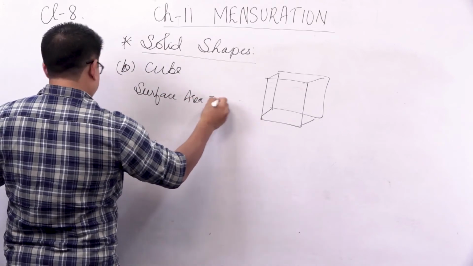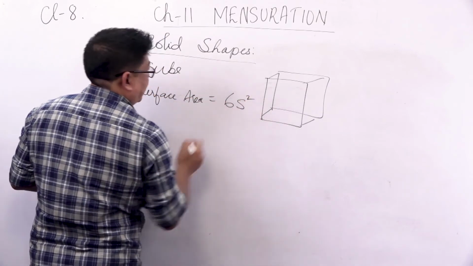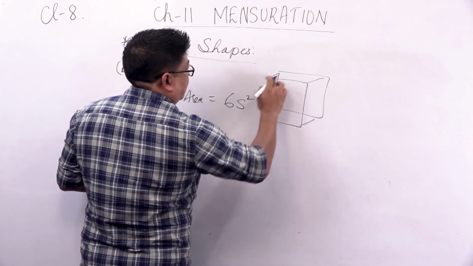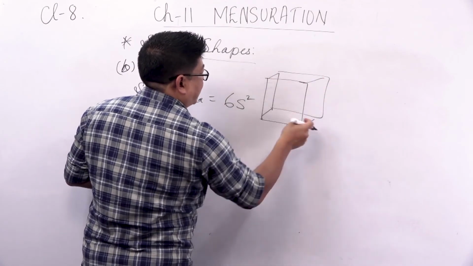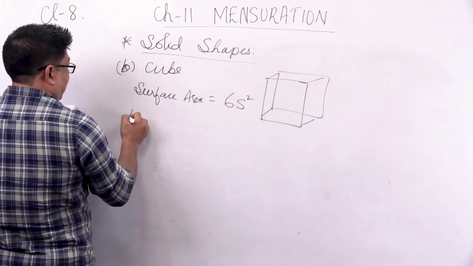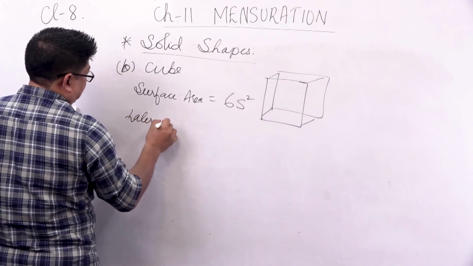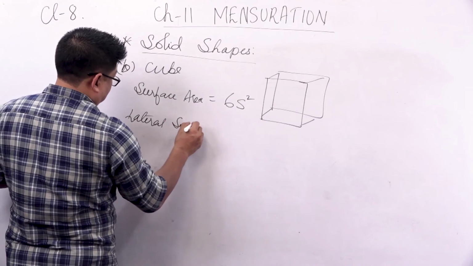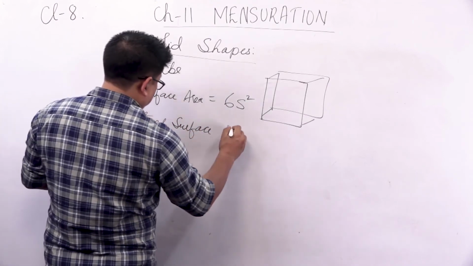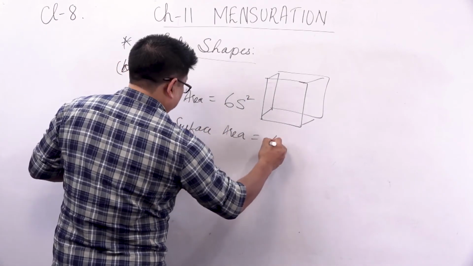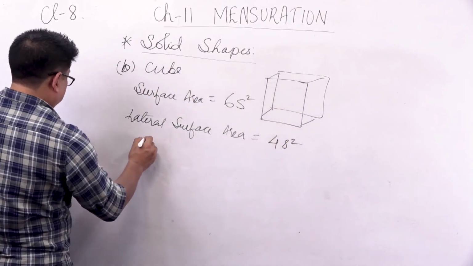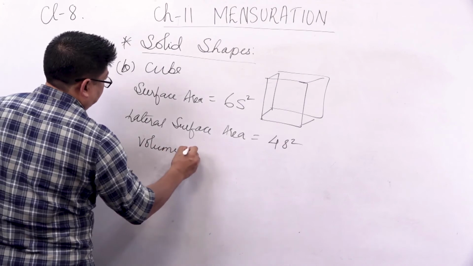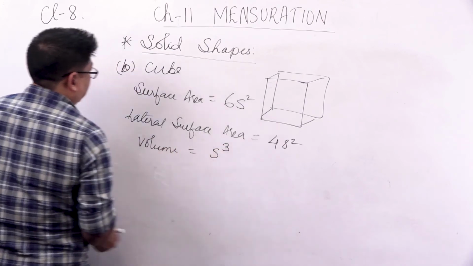Surface area is 6s square. One square is s square. So there are 6 faces, so 6s square. Lateral surface area formula will be 4s square, okay? And volume will be s cube.